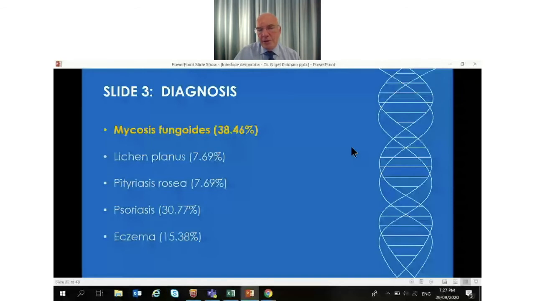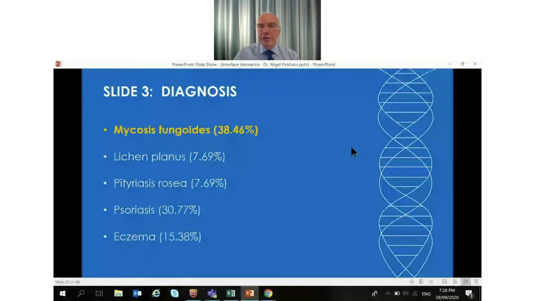Often, certainly in my experience and others as well, you might need several biopsies over a period of months before getting a confident diagnosis. And it's also a clinicopathological diagnosis. Mycosis fungoides is actually a clinical diagnosis, not a pathological diagnosis, really. We should be diagnosing an epidermotropic cutaneous T-cell lymphoma.